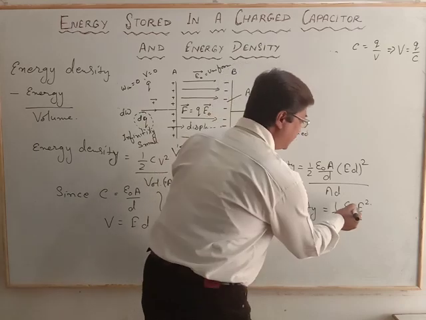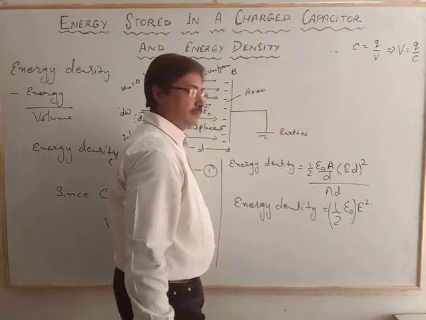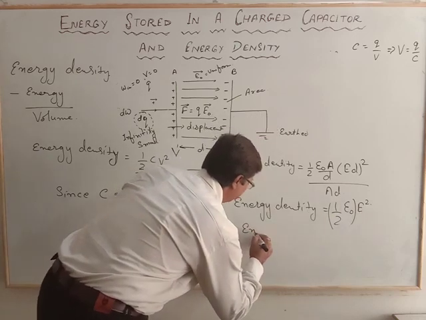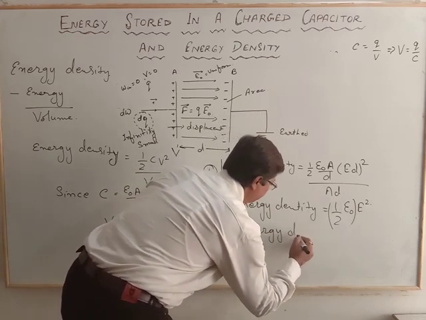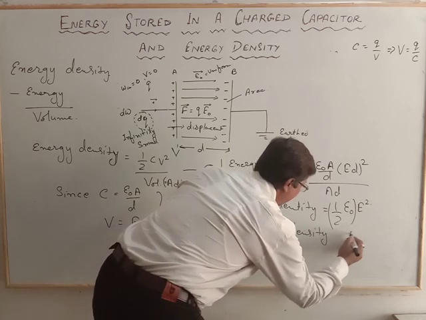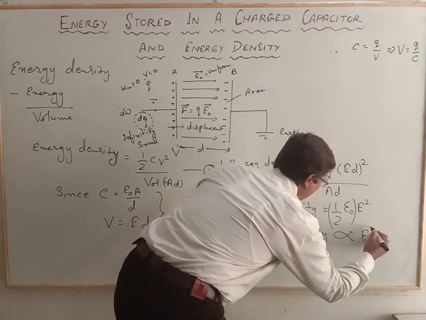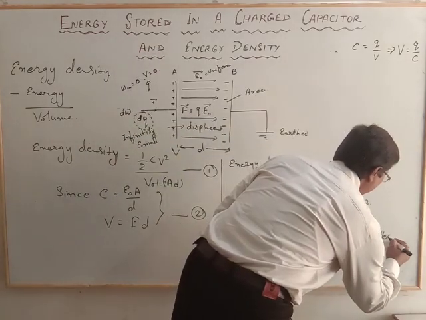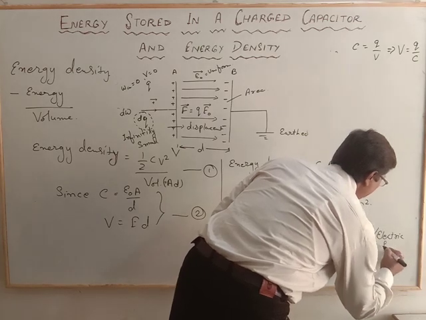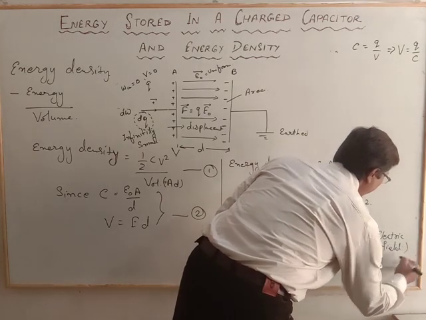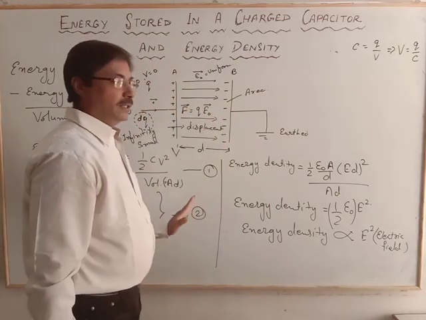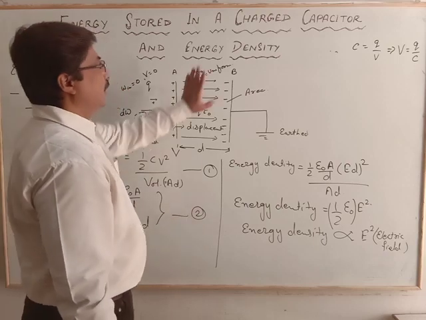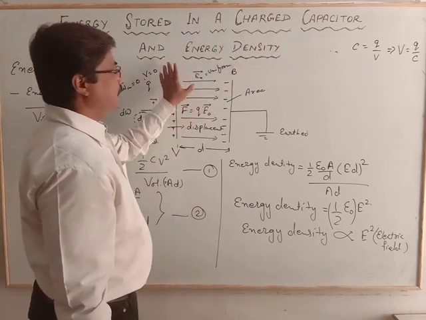These are constants, so energy density is directly proportional to the square of the electric field. This is the electric field along the plate.